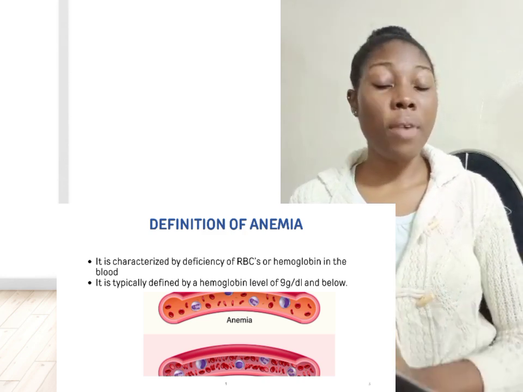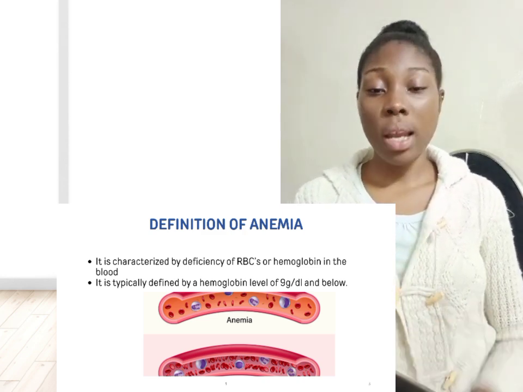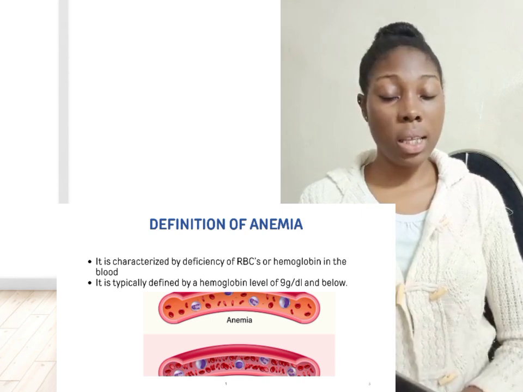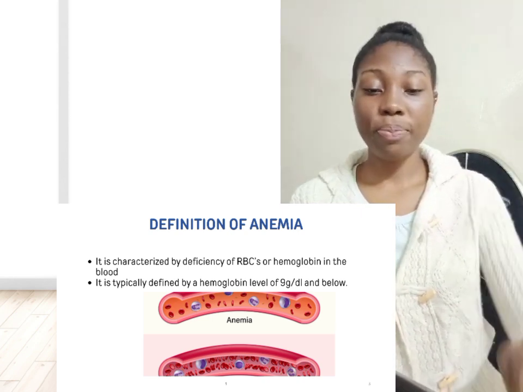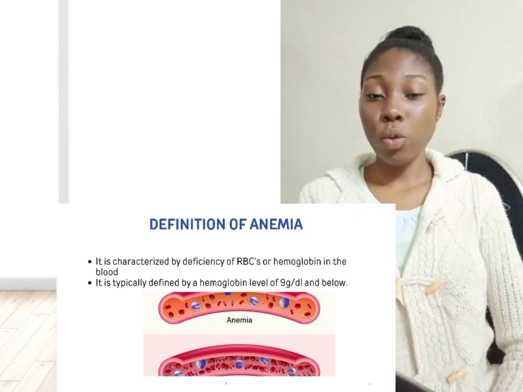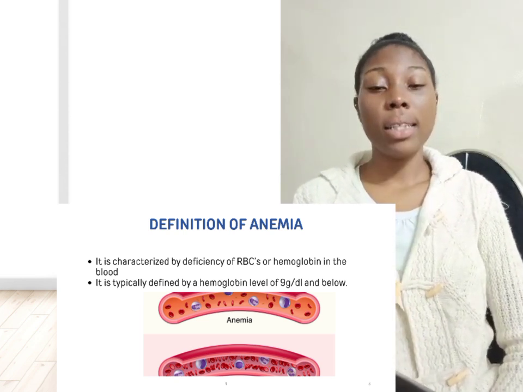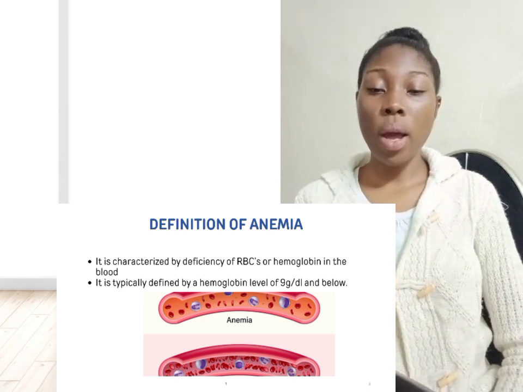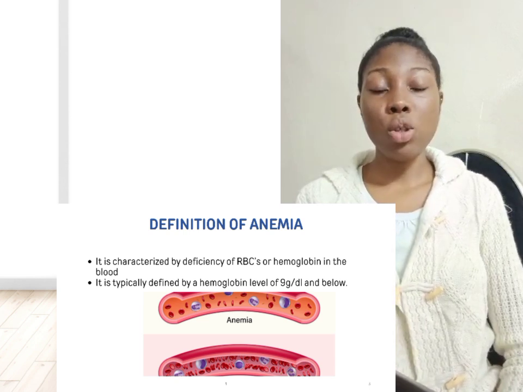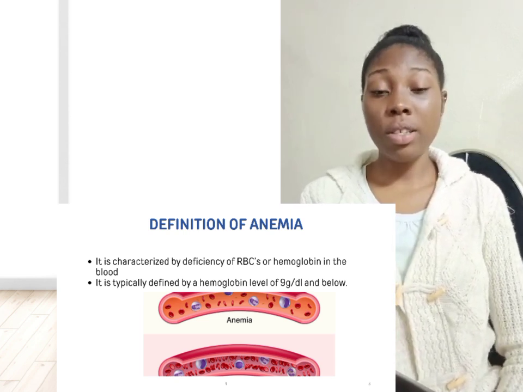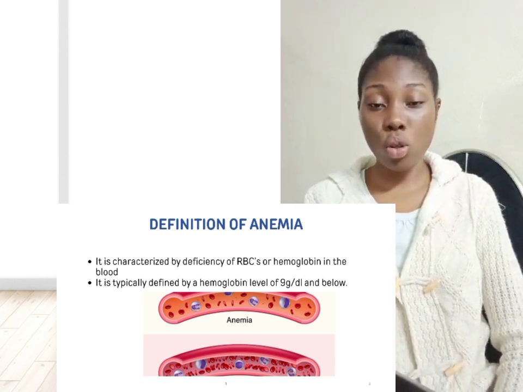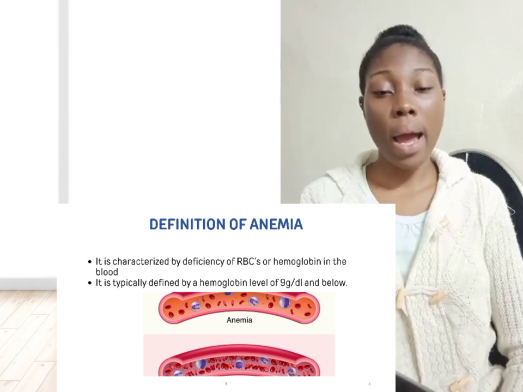It can also be defined as a hemoglobin level of 9 grams per deciliter or lower. As we all know, hemoglobin is a protein that carries oxygen, and if there is a low hemoglobin level, it can lead to the tissues of the body being deprived of oxygen, and this could cause them to suffer from hypoxia.